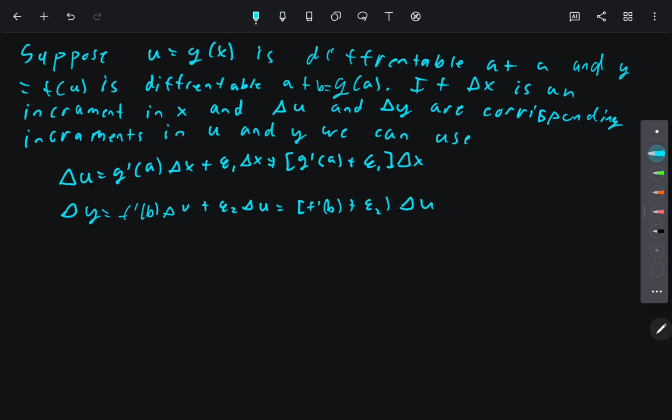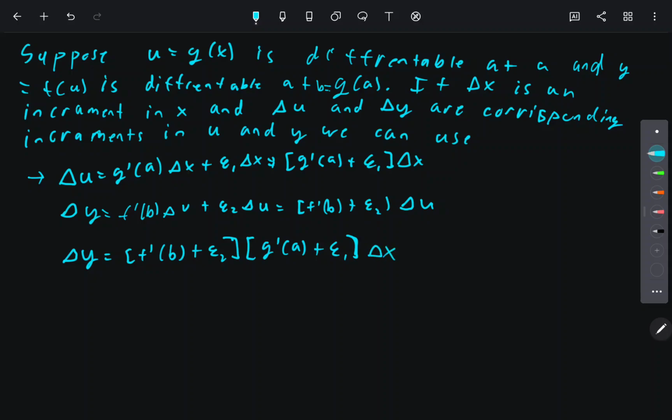Now if we substitute the expression for change in u from equation 7, which is really just this equation right here, we will get change in y is equal to f prime of b plus our epsilon 2 times our g prime of a plus our epsilon 1, times a change in x.